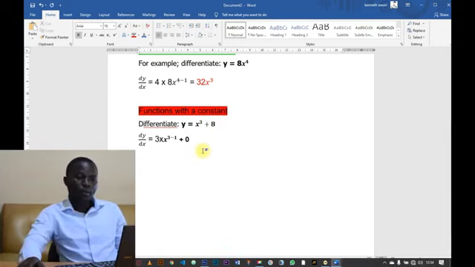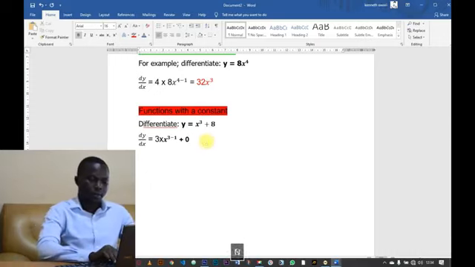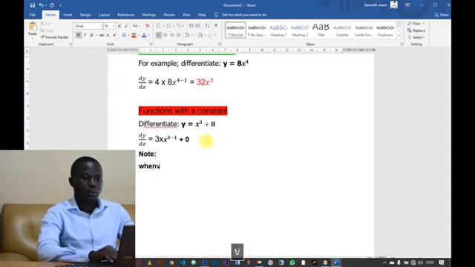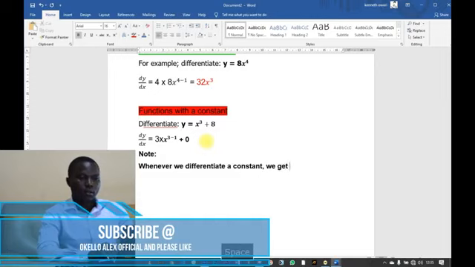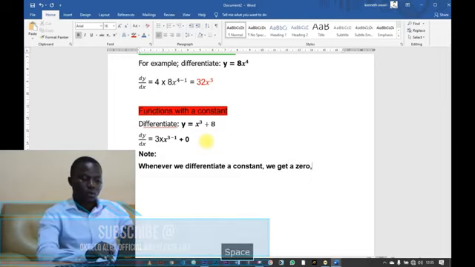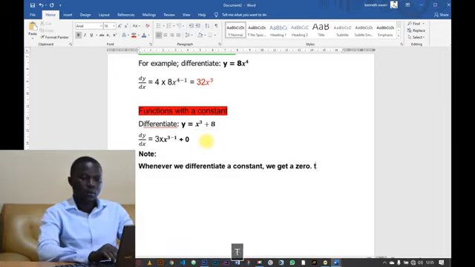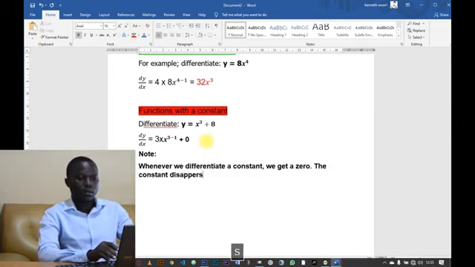So we get plus a 0. Why? Because whenever we differentiate a constant, for this example 8 is a constant, we get a 0, or the constant disappears. Take note of that.